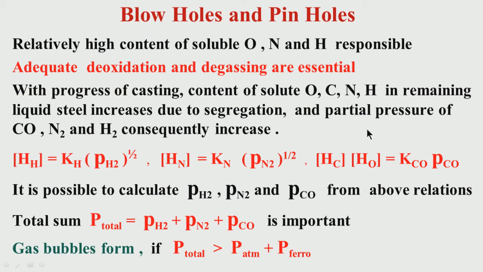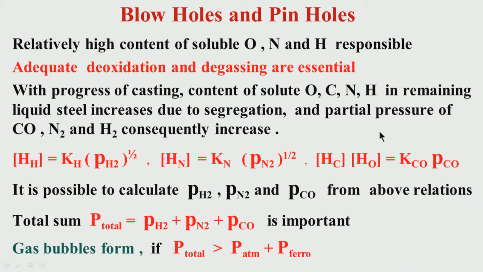This is related to segregation. So, what is the problem if all this increases? First, the base level is important, but from the base level also we are getting more and more of this during the course of solidification. First, the base level has to be low, then only whatever increase there is will be within certain limits.